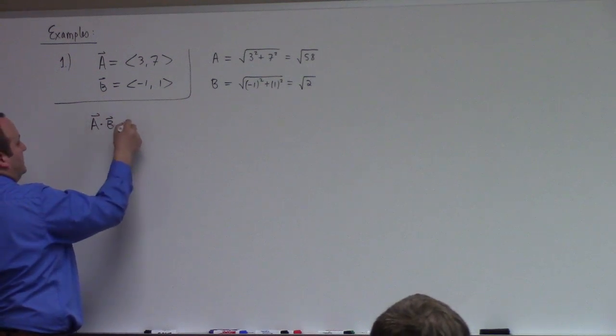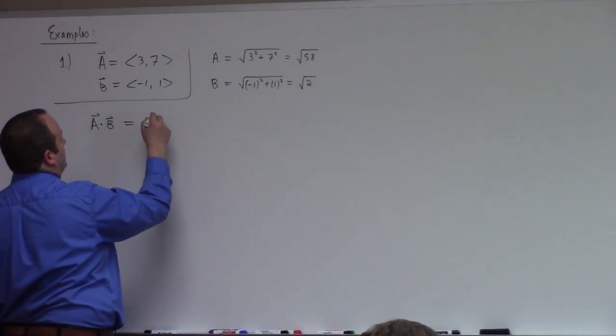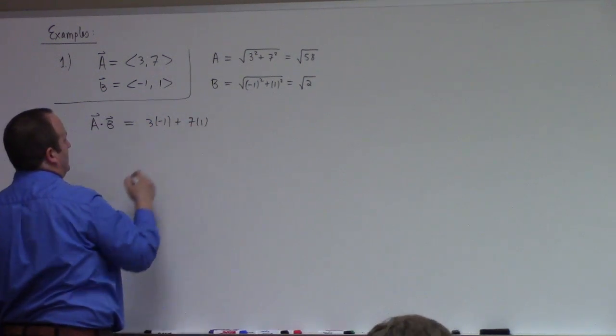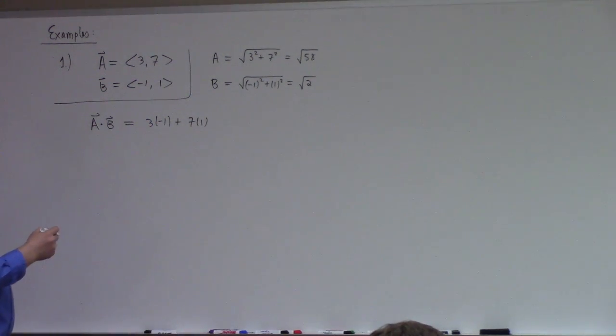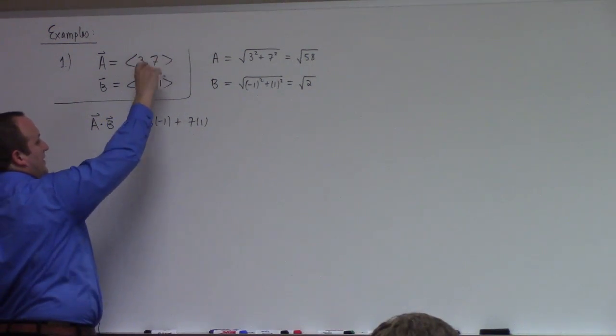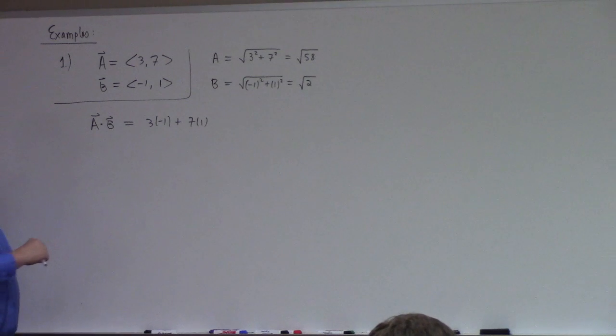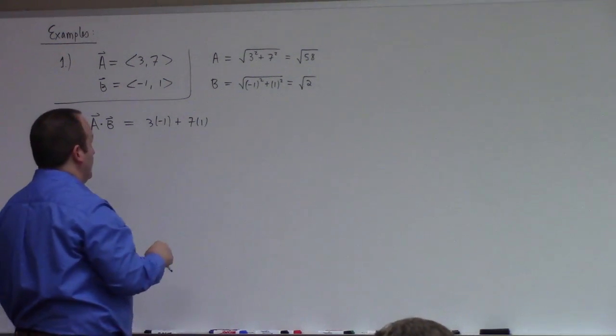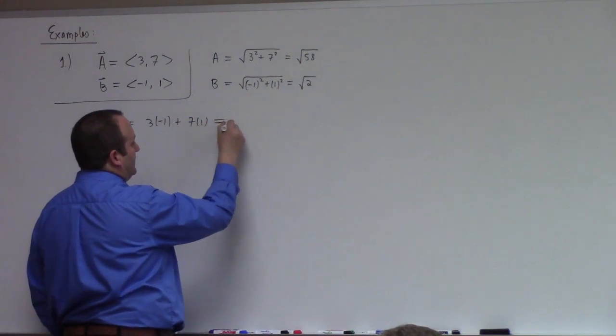A dot B is equal to, let's see here, 3 times -1 plus 7 times 1. You just multiply the matching x components and the matching y components and add them together. This is the dot product. We defined it the other day, but there it is again. For this particular pair of vectors, that's equal to 4, right?